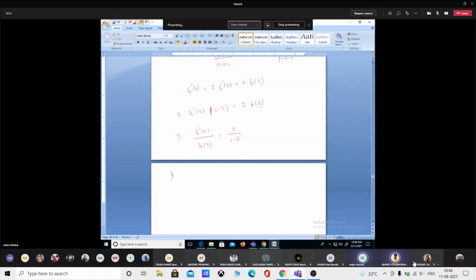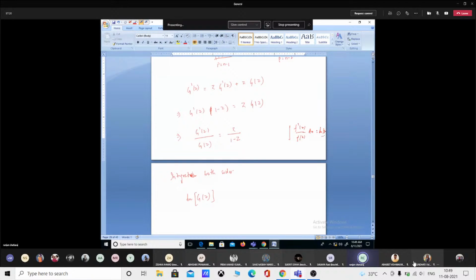So integrate both sides. So what will you get? Log gz. You are getting this side because if you are integrating f dash x by fx dx, it is how much?